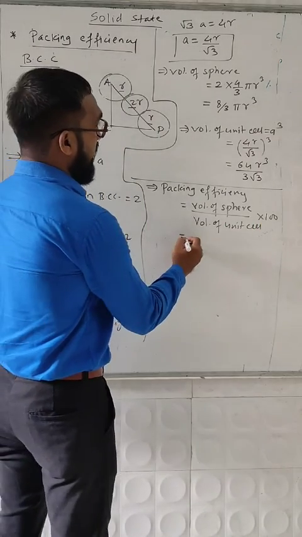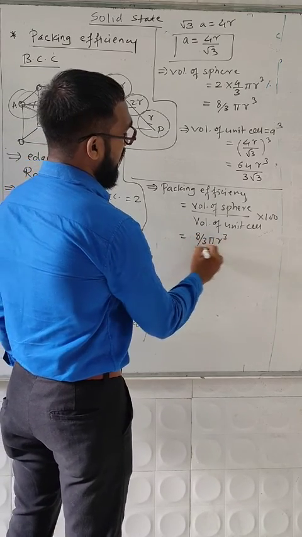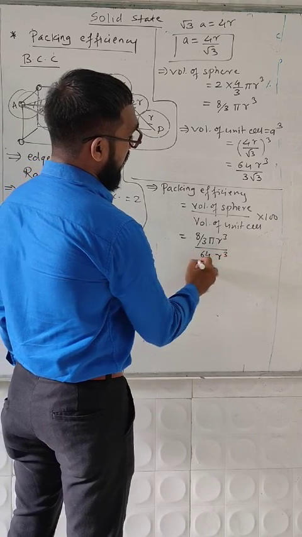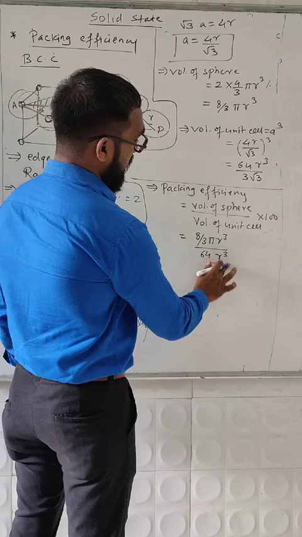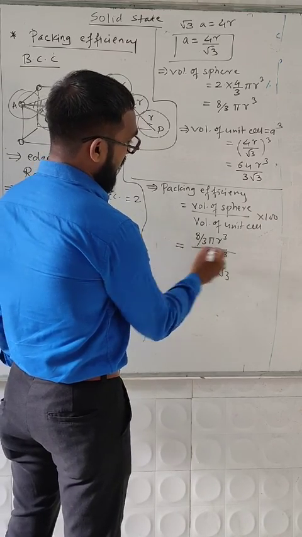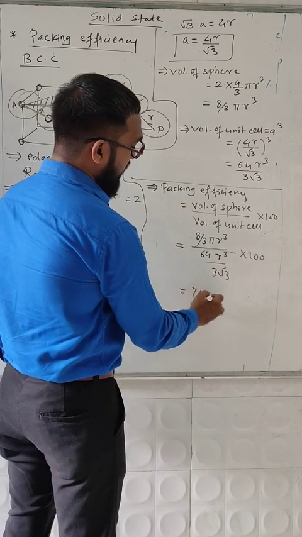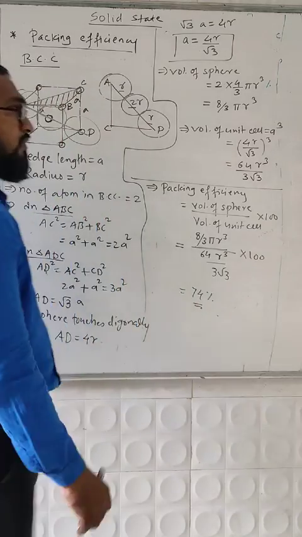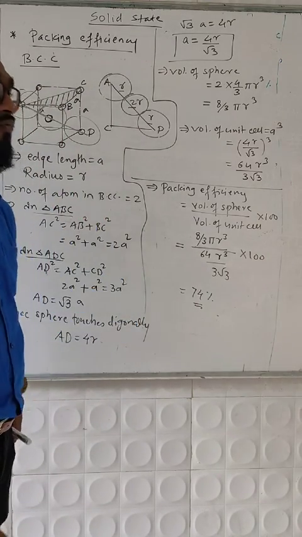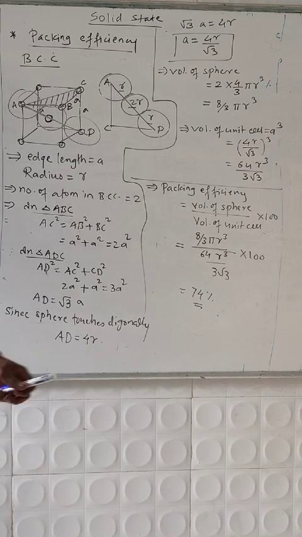So volume of sphere is 8 by 3 pi r cube upon volume of unit cell, 64 r cube upon 3 root 3, multiplied by 100. After calculating this, we get 68% of space. Means the two atoms in a BCC occupy 68% of space. So this is the packing efficiency of simple cubic and BCC.